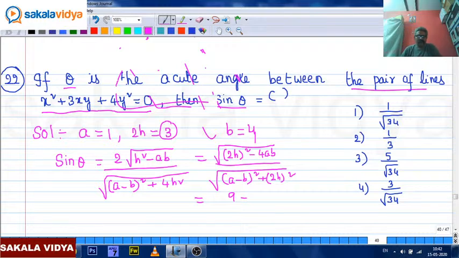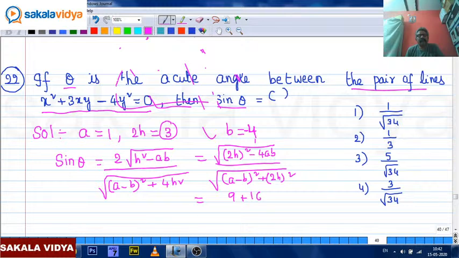Okay, now. So here you take the minus sign. Minus sign you take it, so this will be minus 4. What happens now here?